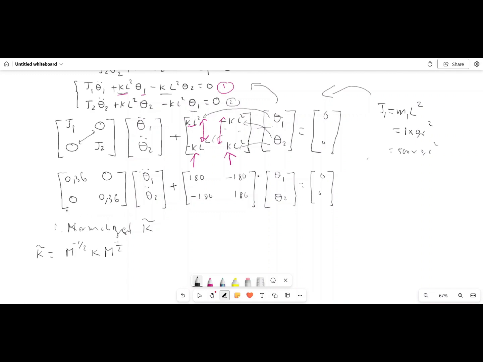The matrix where you have the acceleration stands for M. The matrix where you have your springs stands for K. So you have the matrix M and you have the matrix K.